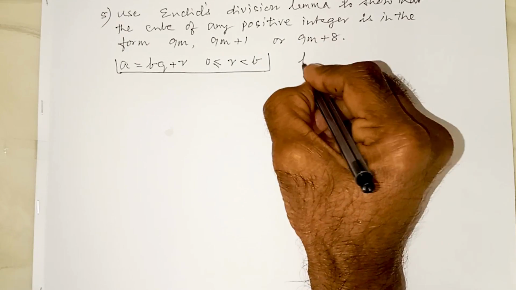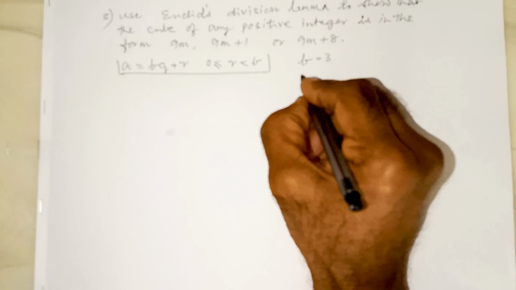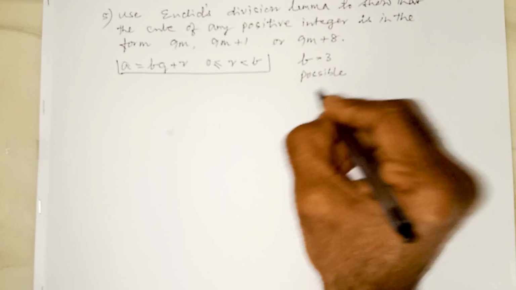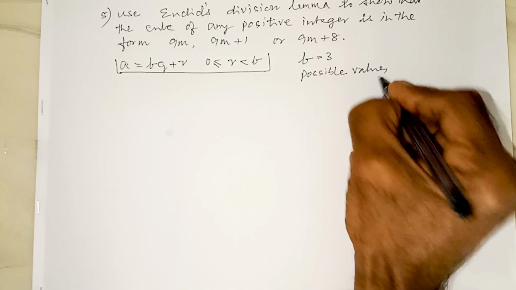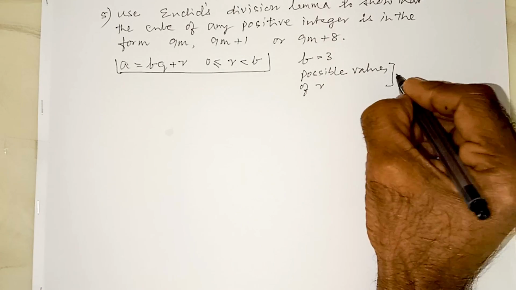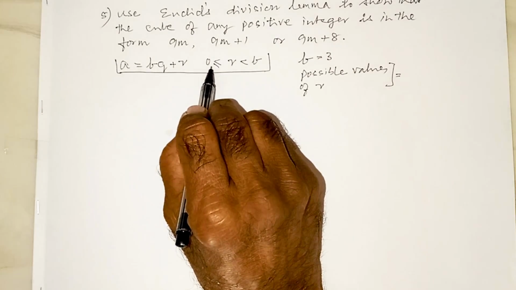Now the value of b is taken as 3. We will write down all possible values of remainder r. As we know, it is either equal to 0 or more.